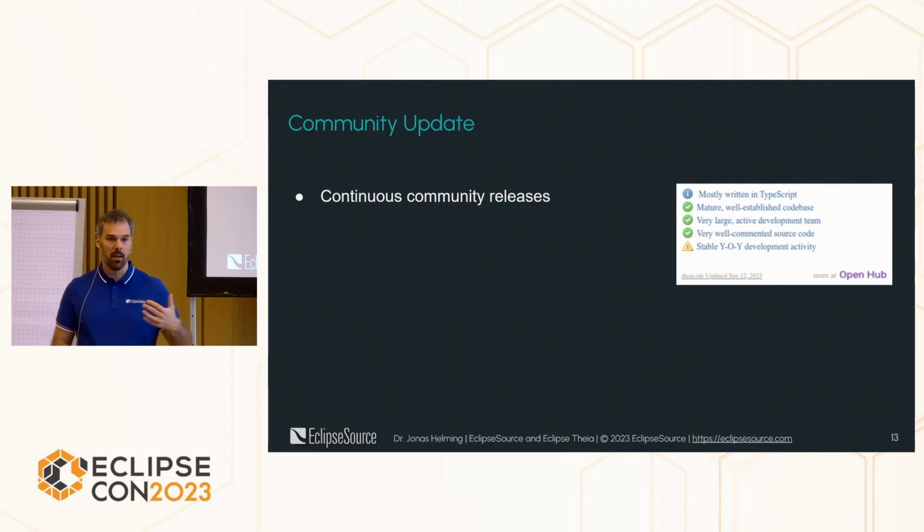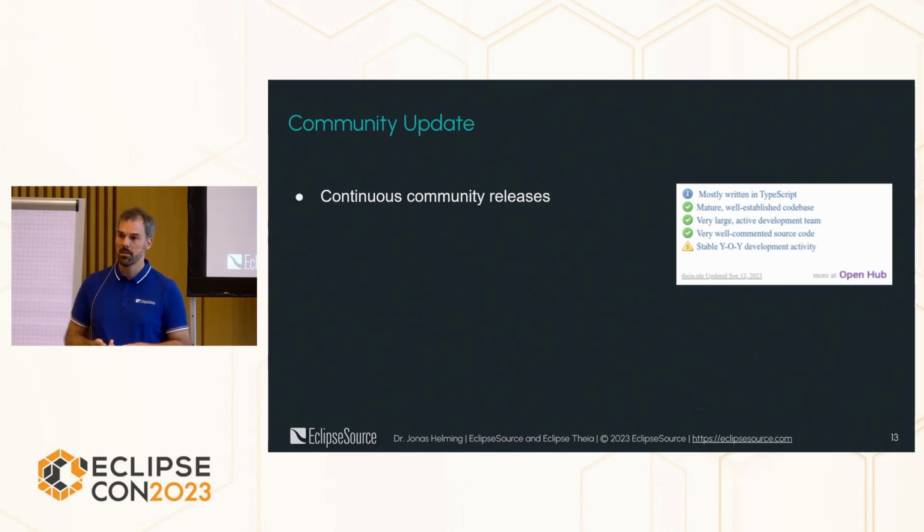But based on the feedback, especially from projects that adopt Theia on a larger scale, we learned there's also a need for a slower release cadence, where we focus more on stability. We pre-publish versions so that people can test and then adopt new versions in a slower release cycle. And that's what we call the community release.